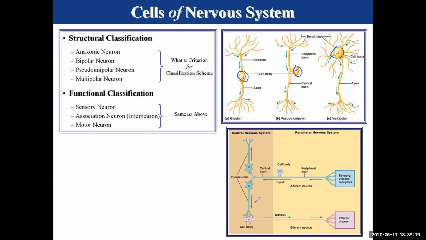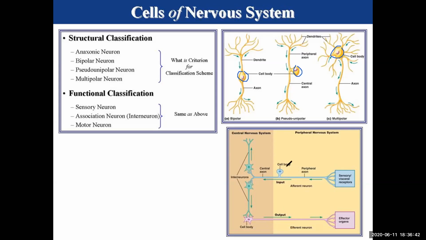Whereas these interneurons, the cell body is located in the spinal cord, so they would be central neurons. Same thing here. This would be a lower motor neuron. The cell body is in the spinal cord. So this lower motor neuron would be a central neuron.